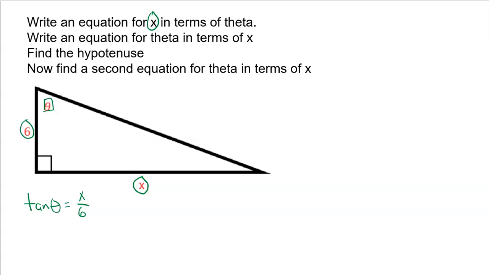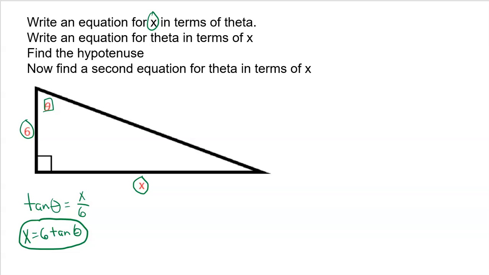And it says write an equation for x in terms of theta. So I want to know what x equals. I'm going to simply multiply both sides by 6, and I get x equals 6 times tangent of theta. Anyway, so here is my equation for x in terms of theta.